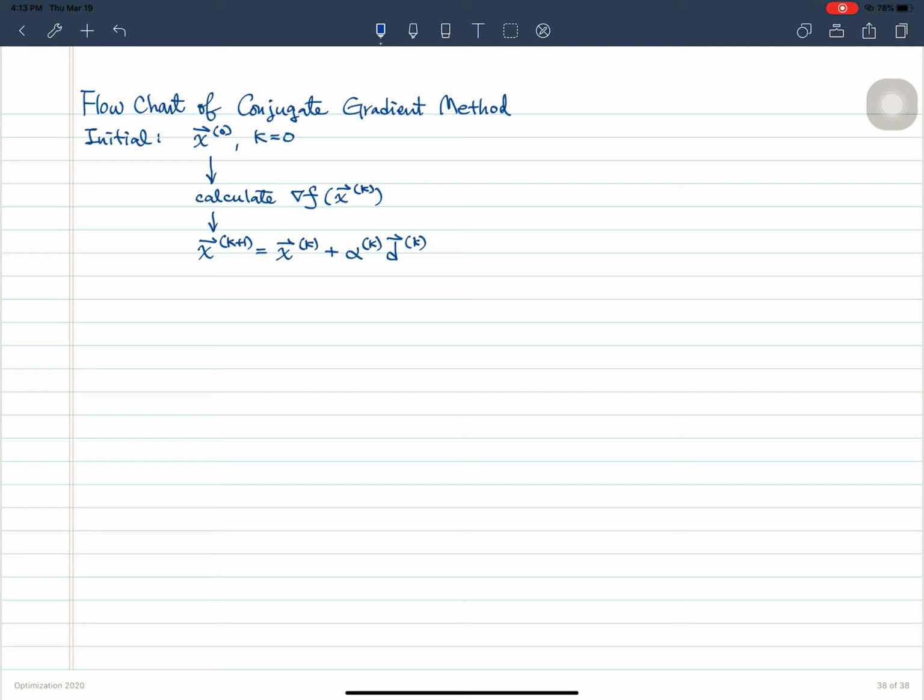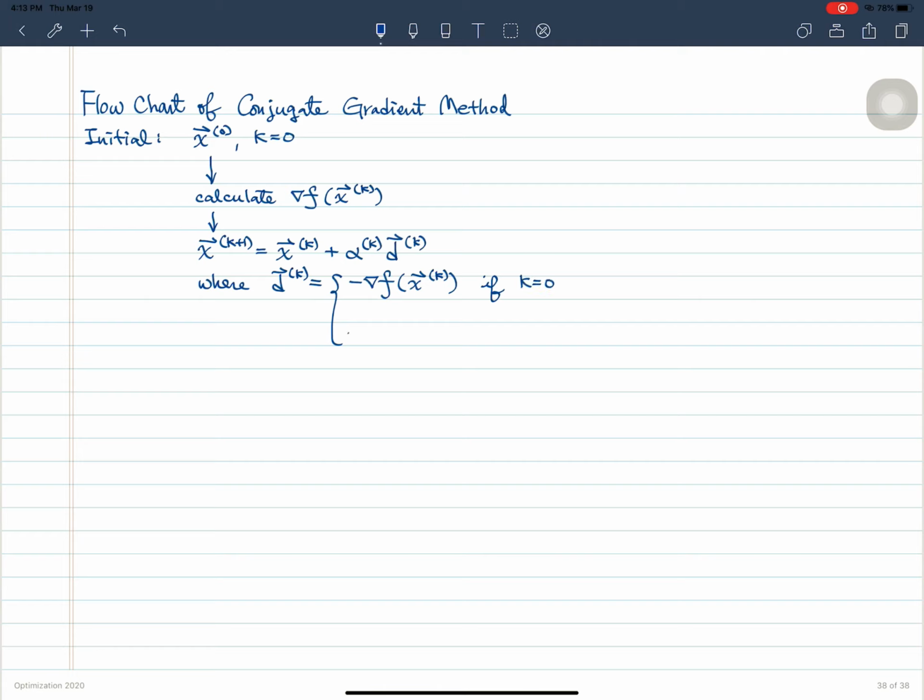So over here, d_k equals what? d_k will equal the negative gradient if k equals 0.